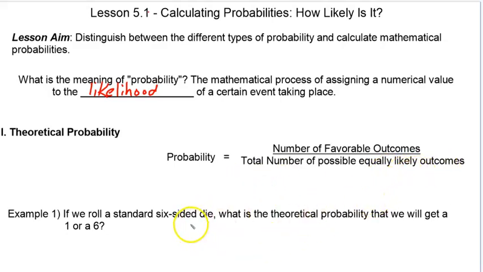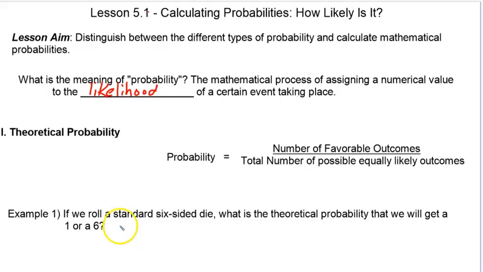So let's just put that equation into practice here with this first example. If we roll a standard six-sided die, or sometimes we use the word number cube, what is the theoretical probability that we will get a 1 or a 6? Well, let's just take each of these probabilities separately.